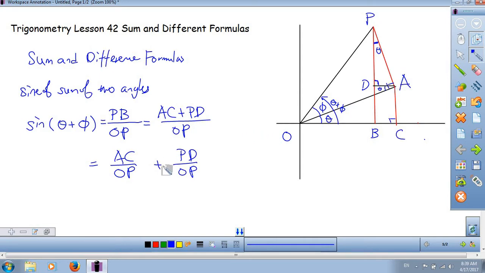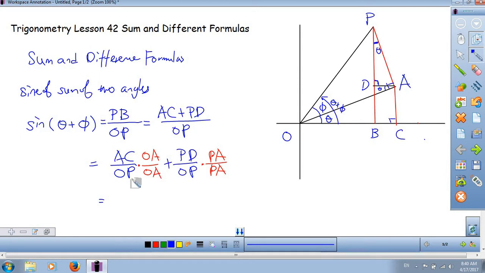Alright, so let's go ahead and do this. We're going to multiply them by something. I will explain why a little bit later. The first fraction, we're going to multiply by OA over OA. The second fraction, PD over OP, we're going to multiply by PA over PA. We're not changing their values, so let's see what will happen.